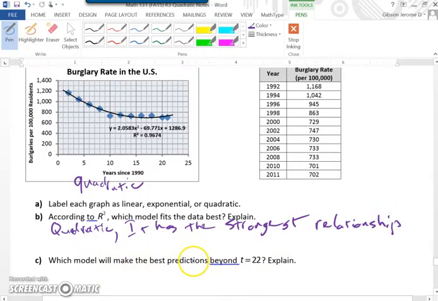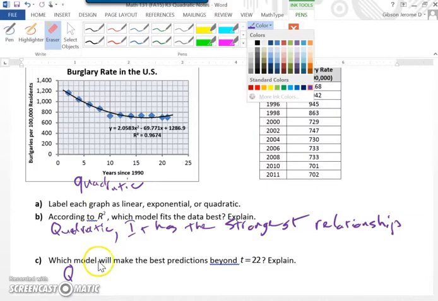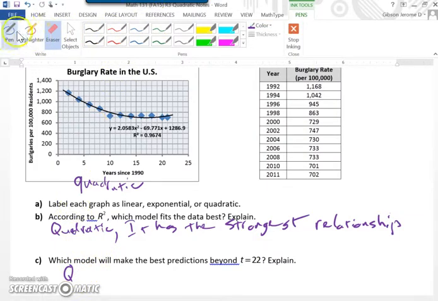Which model will make the best predictions beyond t equals 22? And that would be quadratic, and that is because it has the strongest relationship.